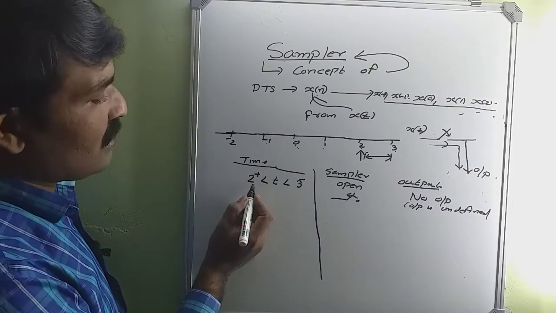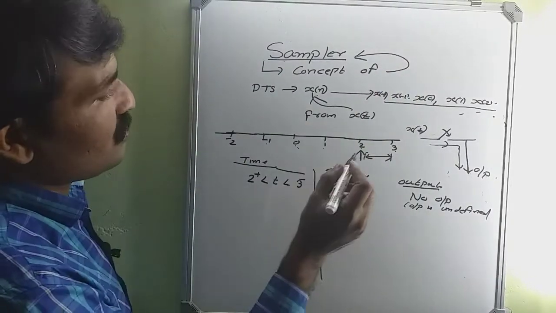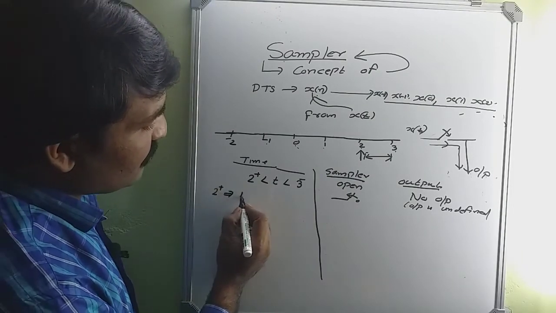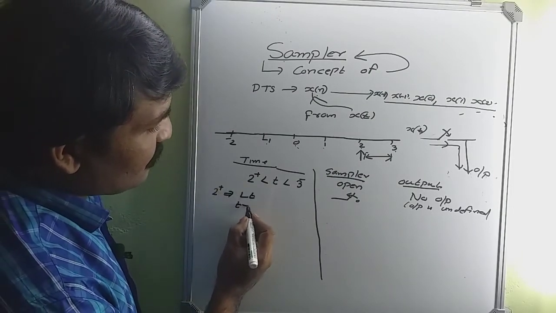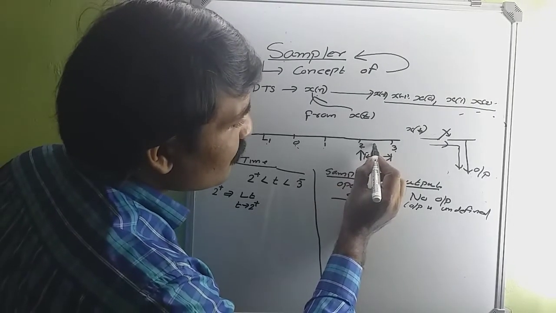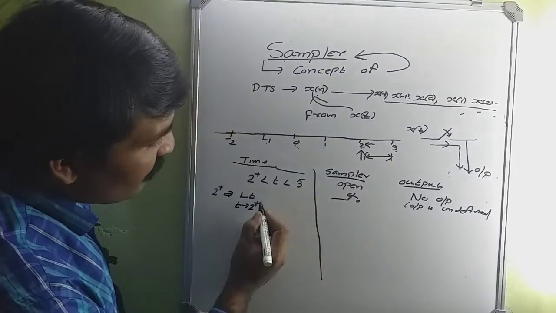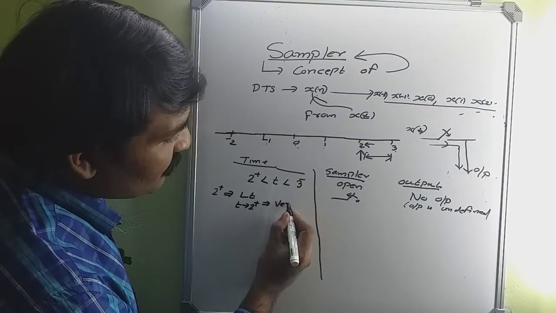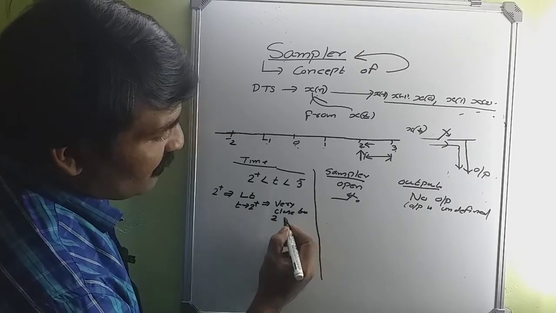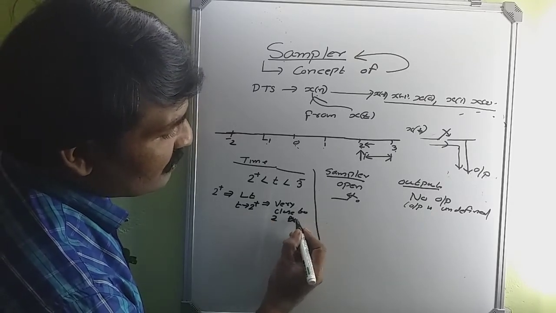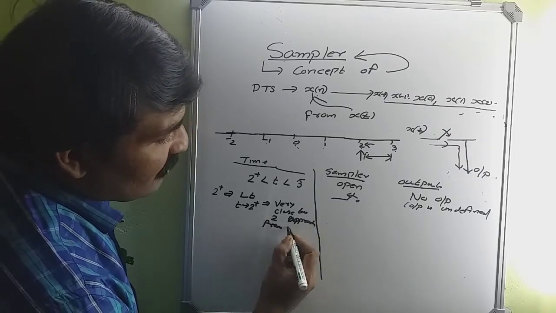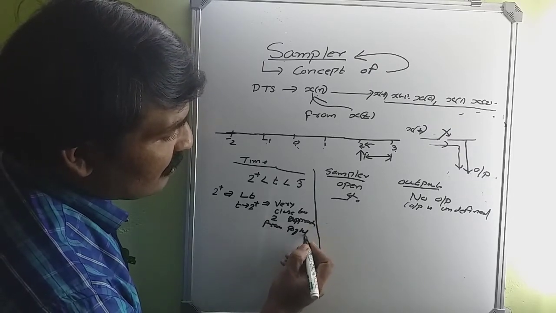Now what does 2 plus indicate? 2 plus implies the limit t tends to 2 plus, that is, approaching 2 from the right side, very close to 2.